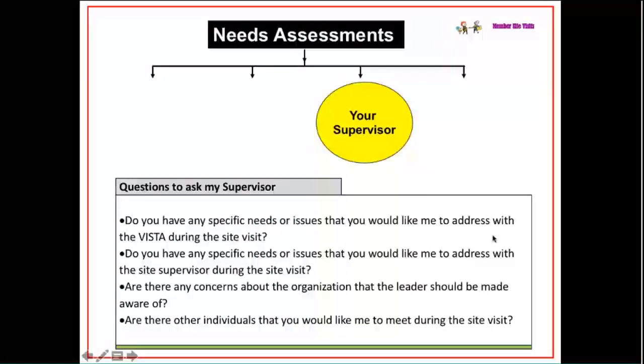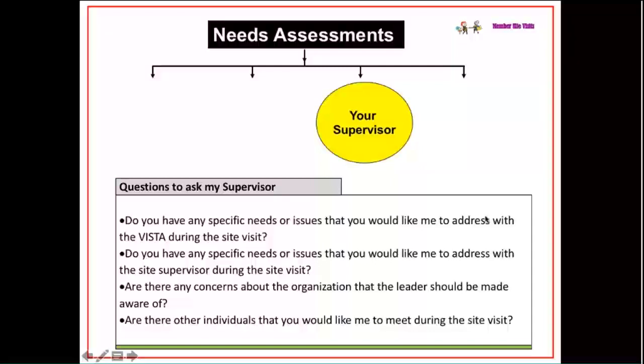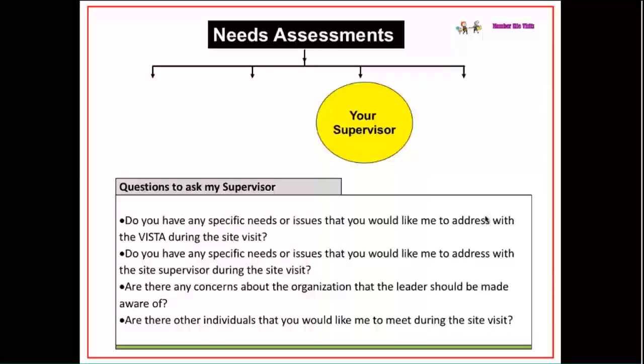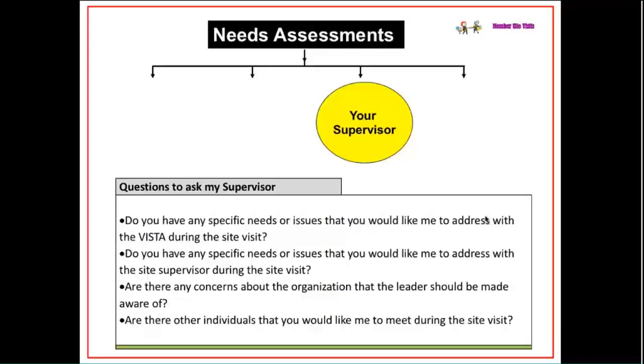Exactly. So Catherine, that would be more of a question that I would ask the member's supervisor, because here we are asking our own supervisor. I mean, it could be a question I can ask my supervisor too, but hopefully being there as a VISTA leader at the organization itself, I may have a certain understanding about how my supervisor looks at it, okay?